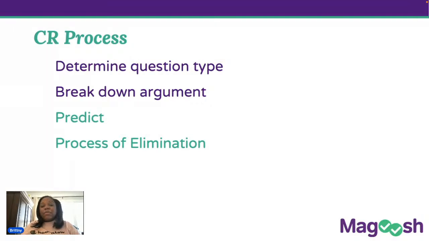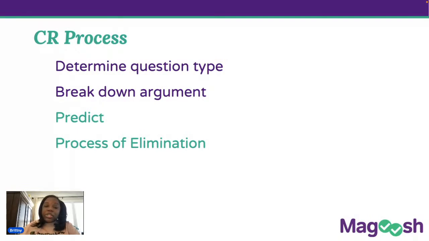So once you develop your prediction and you know, okay, this is what I'm looking for going into looking at my answer choices, then you can do a process of elimination where you go through your answer choices and eliminate anything that doesn't match your prediction. Keep in mind that if you have a vague prediction, you may have to be a little bit lenient on that.